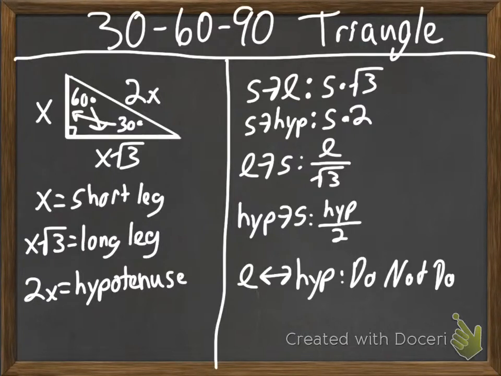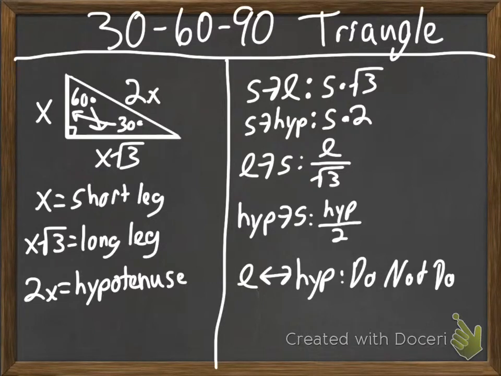So in this picture, x is the short leg, x times square root 3 is the long leg, and 2x equals the hypotenuse. And these expressions are going to tell us how to solve this 30-60-90 triangle.